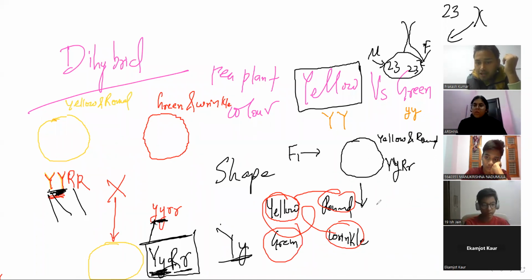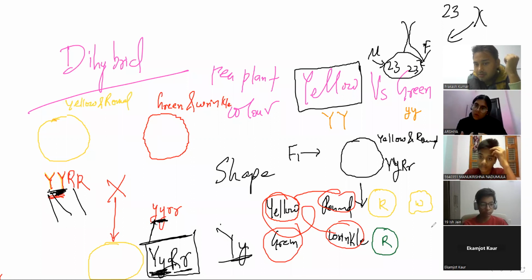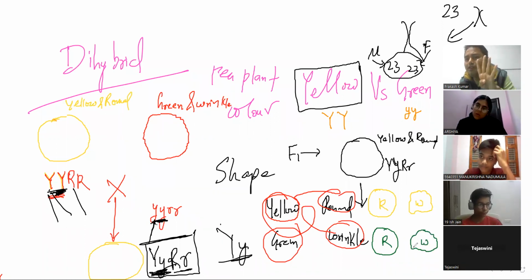So it can be yellow and round, yellow but wrinkled, then green and round, then green and wrinkled. These are the only 4 possibilities.